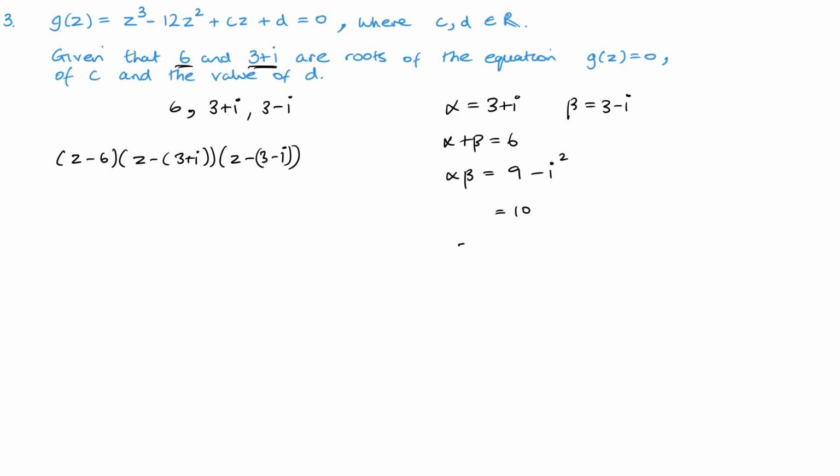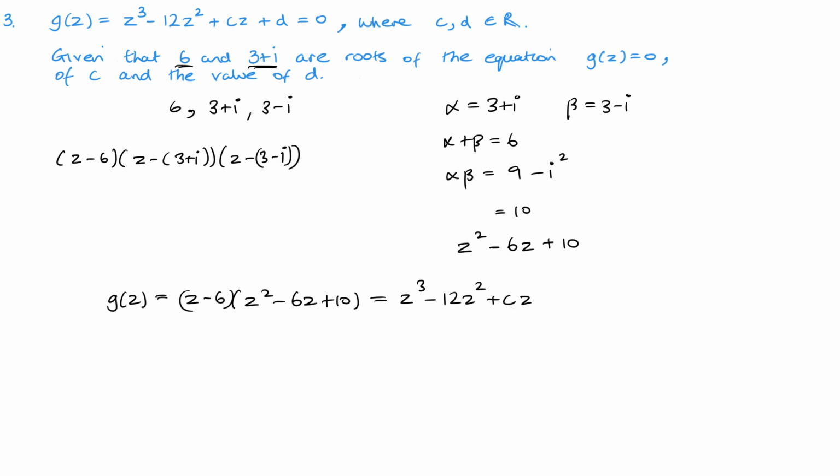And that then means that we get z squared minus our alpha plus beta, so minus 6z, plus our 10. And that then means that our g of z should be z minus 6 multiplied by z squared minus 6z plus 10, and of course that is z cubed minus 12z squared plus cz plus d equals 0.